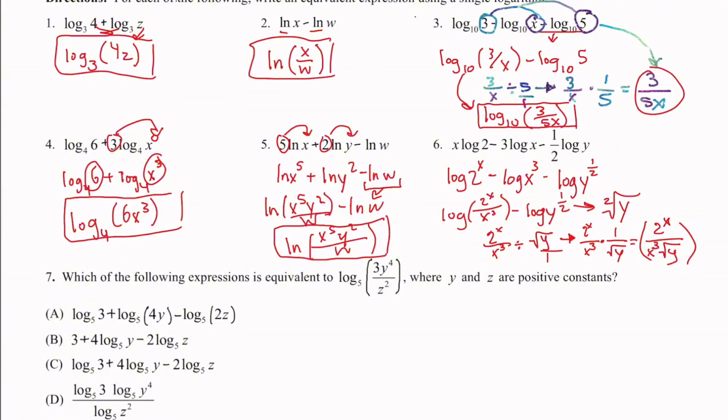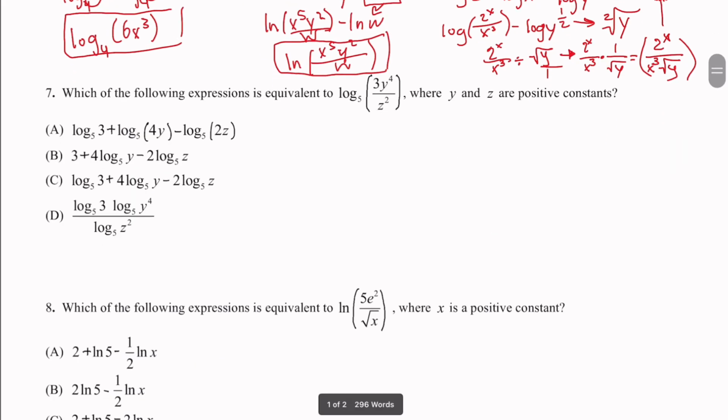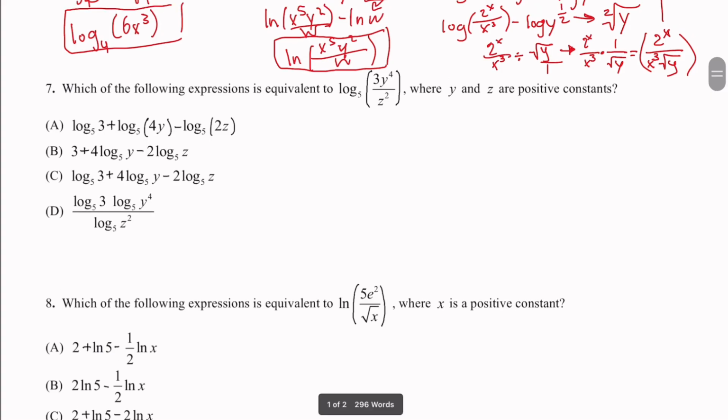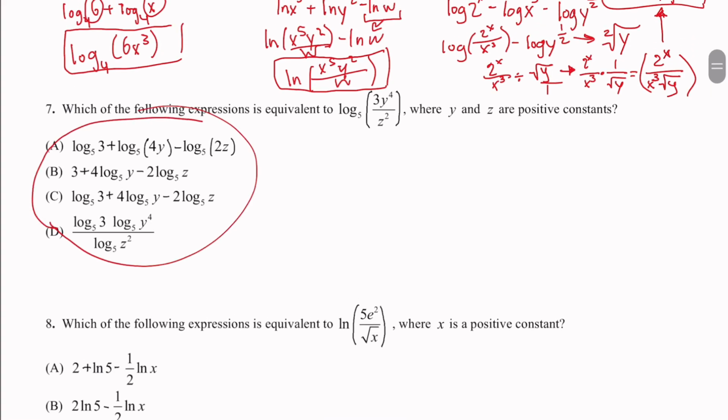And that would be our answer, but make sure we have a log in front. So I'm just going to put our answer up there. Log this exact thing. And that's our answer. Now moving on to these longer problems, but they might be a little easier since we have choices to choose from.